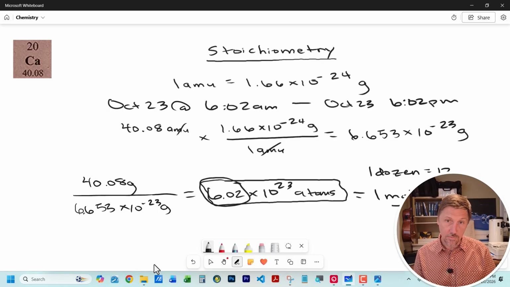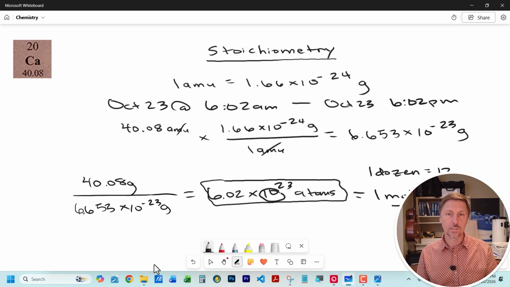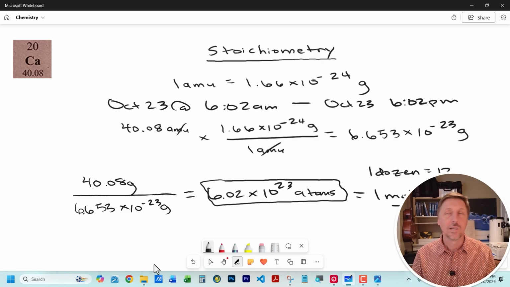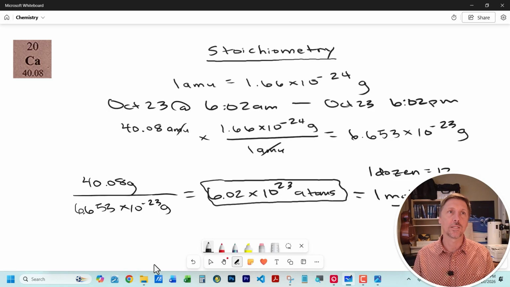Well, that comes from this value in the front of our mole value. On October, which is the 10th month, the 23rd day, we celebrate Mole Day, okay? So, now that you know about this, October the 23rd of this year, if you want to send me a picture of you in a mole costume, that would be great. Actually, I can't find a mole costume anywhere because I would love to wear a mole costume on Mole Day to school, but I can't find it. So if you happen to find a mole costume, you let me know.